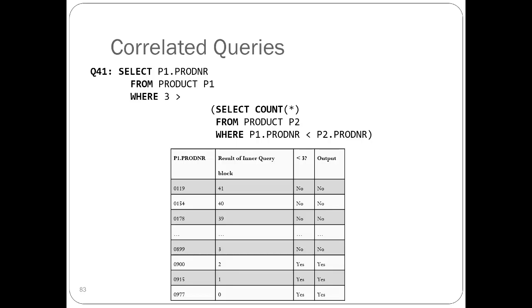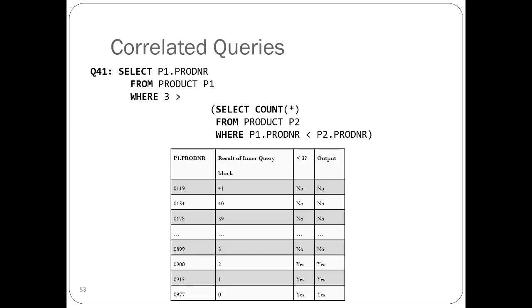That is the result. Okay, so what are we doing in the inner query? Select count star from product, where P1 dot product number. This is P1, right? From here you will take one record at a time, one tuple at a time, and for that tuple you will compute the inner query. You will run the inner query.